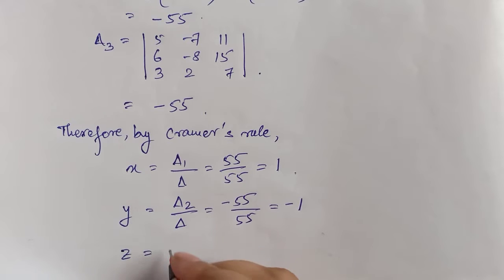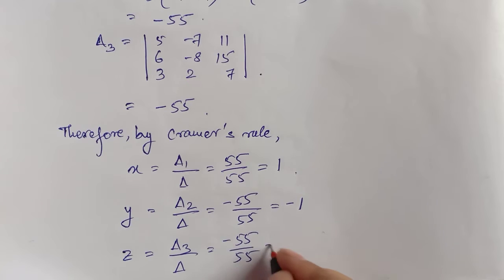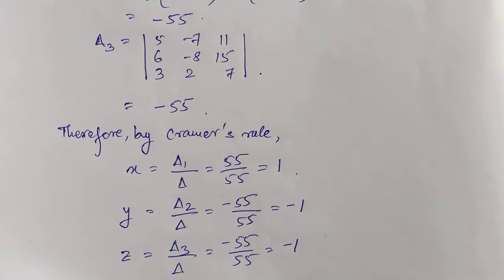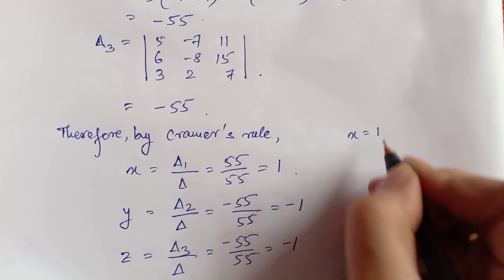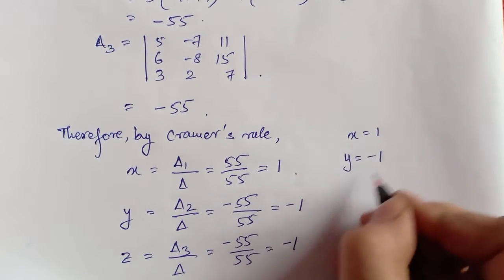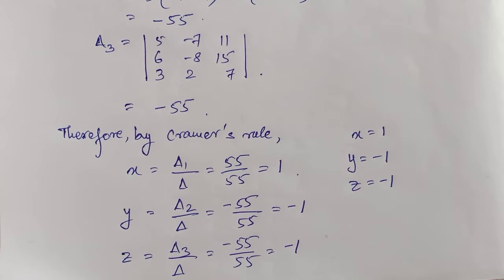And z equals delta 3 by delta, which also gives us minus 55 by 55 equals minus 1. Thus, these are the solutions: x equals 1, y equals minus 1, and z equals minus 1 for the given system of linear equations.